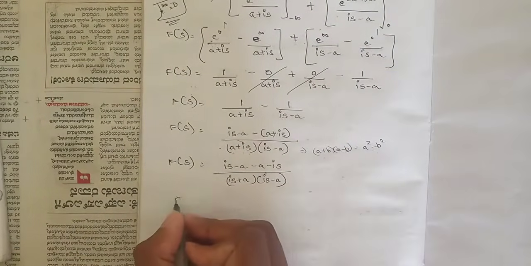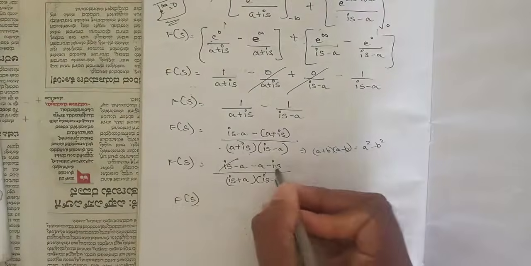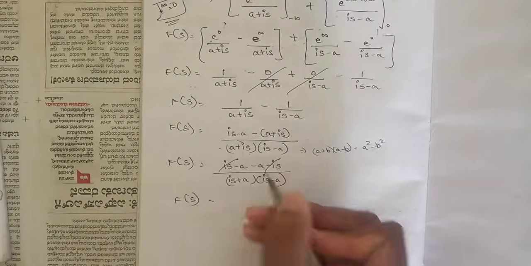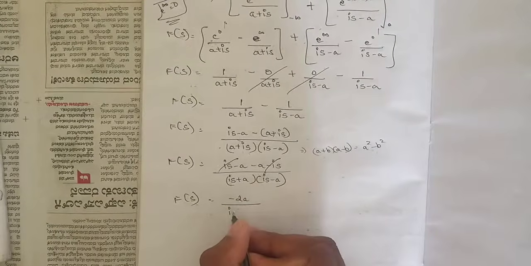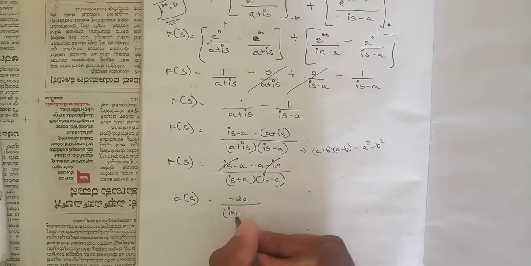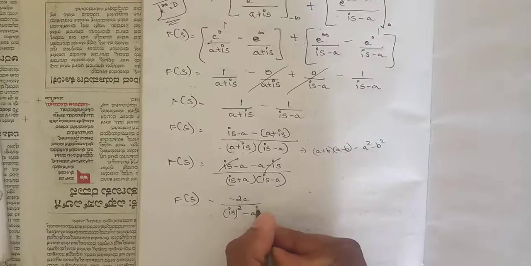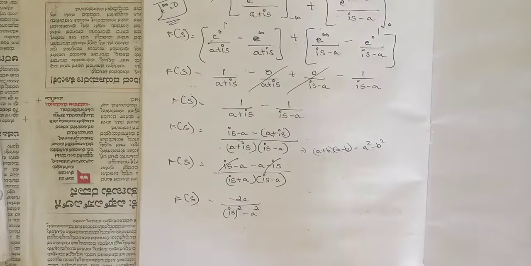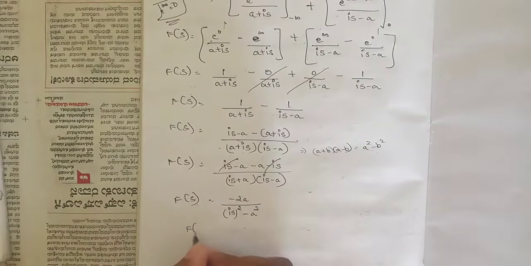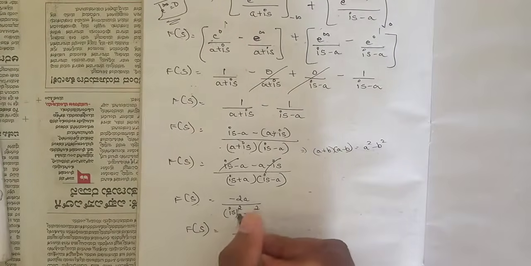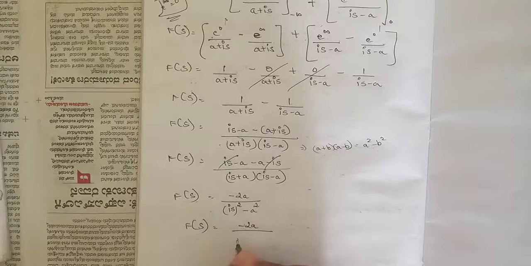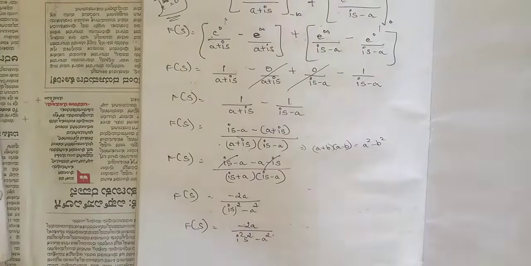We can cancel s, and the denominator is s minus a, so that is equal to minus 2a divided by the whole s square minus a square. By further simplification we get 2a divided by, multiplying the square, i square s square minus a square.